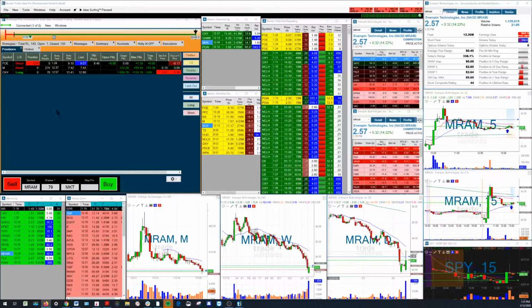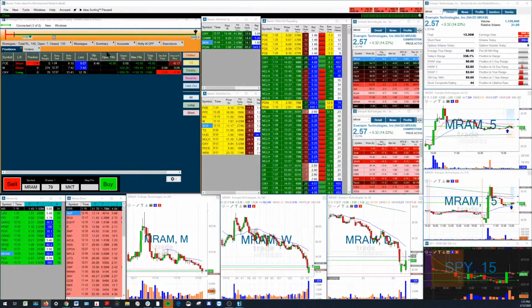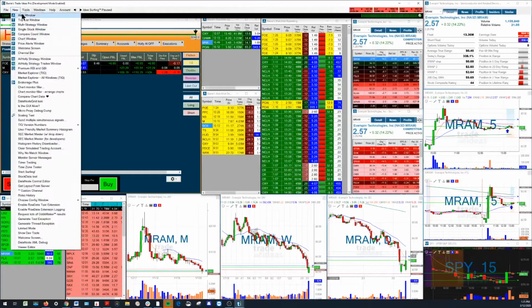Okay, well, let's do one from scratch then. You see right here I've got a volume column. Can you see that? When you create an alert window, or a top list window, it could be a top list window, but I'll start off with an alert window.